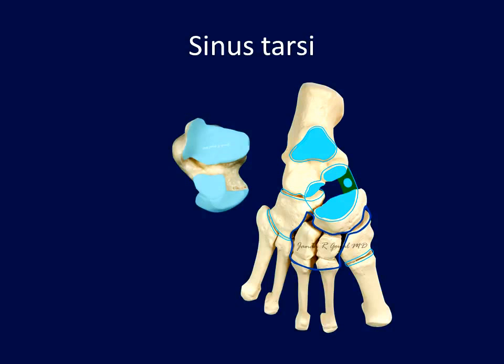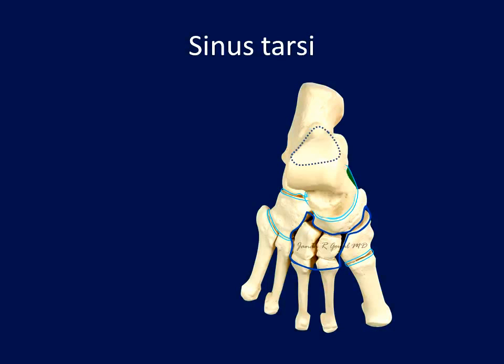When talus and calcaneus articulate with each other, the sulcus tali together with the sulcus calcanei create a tunnel between the posterior and middle articular facets of the calcaneus and talus, known as sinus tarsi.